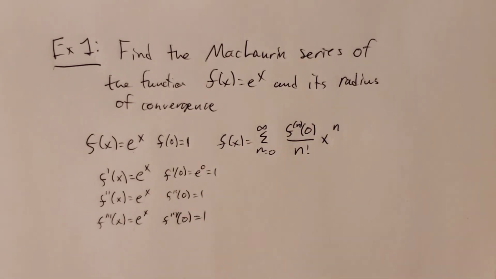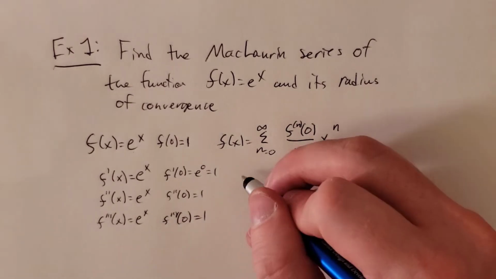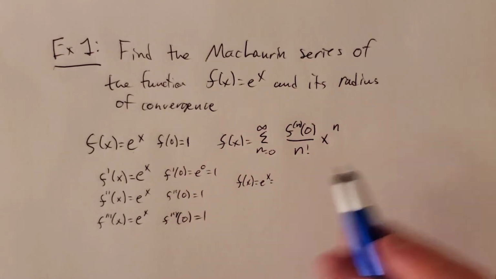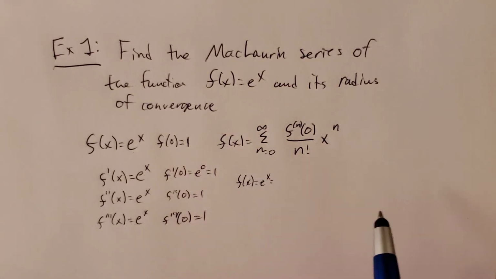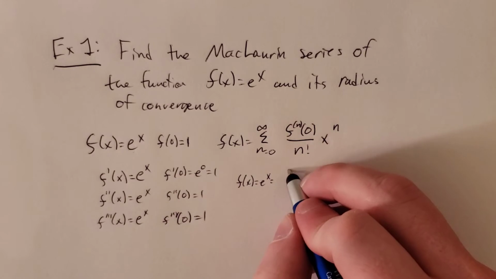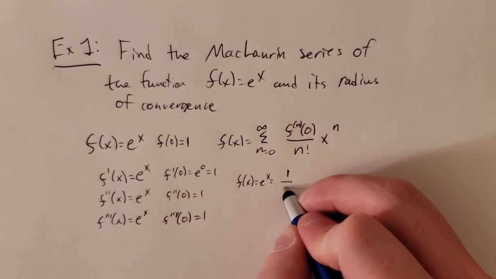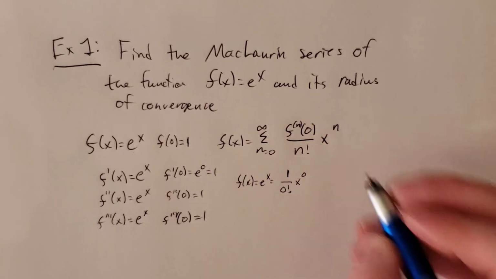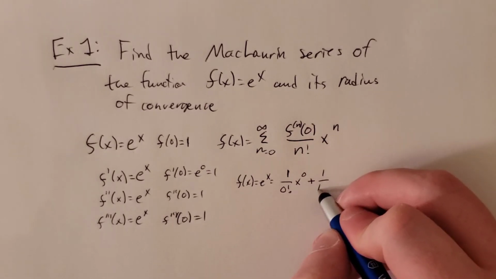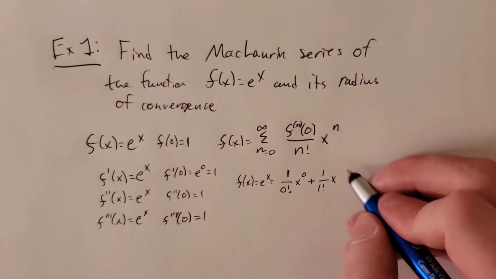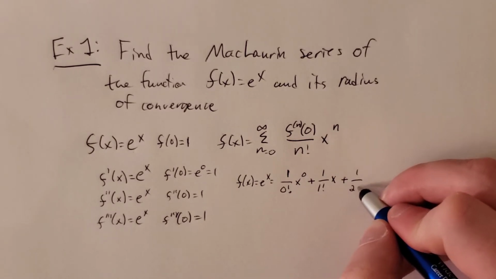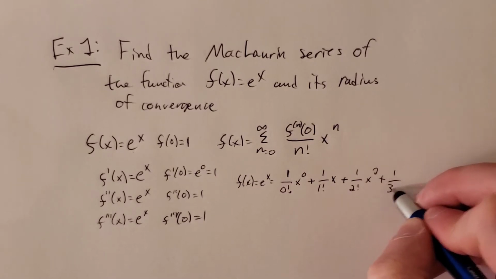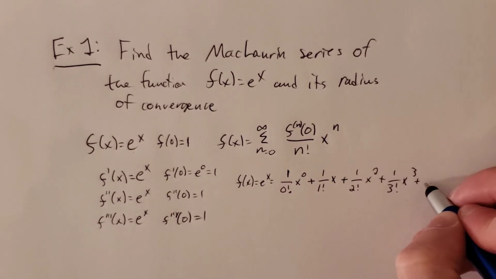So in fact, if we write out our MacLaurin series, we get that f of x equal to e to the x is this series up here. If I plug in n equals 0, I get 1 over 0 factorial times x to the 0, plus 1 over 1 factorial times x, plus 1 over 2 factorial times x squared, plus 1 over 3 factorial times x cubed, and so on.